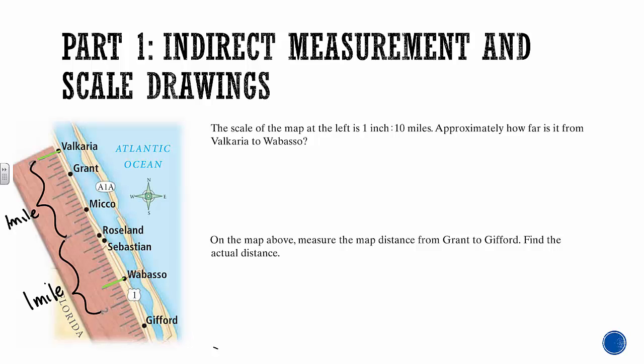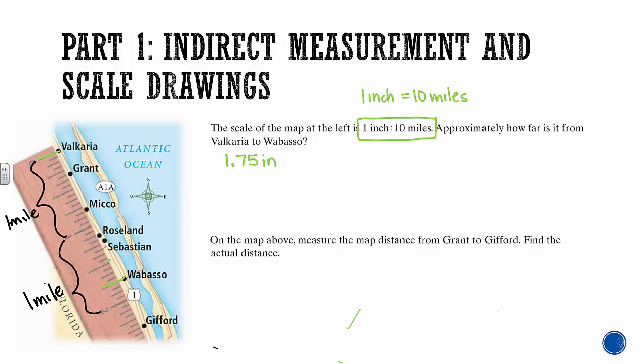Let's measure this. This is 1.5 here, and then we have 3/4, so this is 1.75 inches. If I know 1 inch is approximately 10 miles, this is my scale factor right here, and I can use this as an equation.